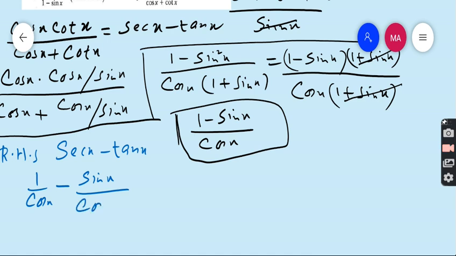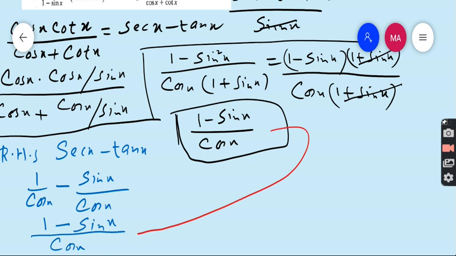Sin x upon cos x. Taking cos x as the LCM, cos cancelled by cos, it is 1, cos cancelled by cos, it is sin x. And you can see this left hand side last step and this right hand side last step is the same. Therefore, you can say left hand side is equal to right hand side. Proved.